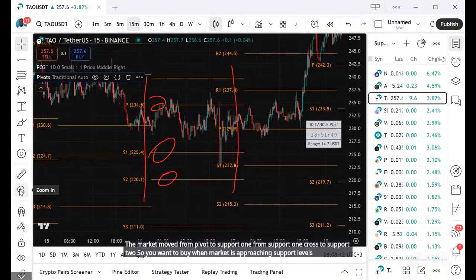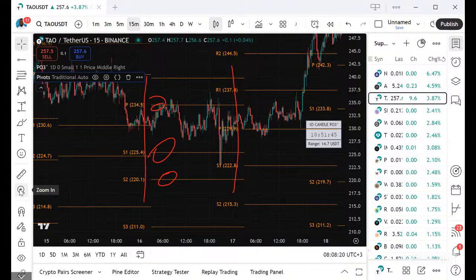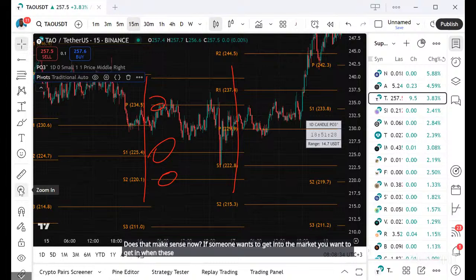The market is going to areas where we expect it not to go lower. So support areas are good buying points. Does that make sense now? If someone wants to get into the market, you want to get in when these cryptocurrencies are cheaper.